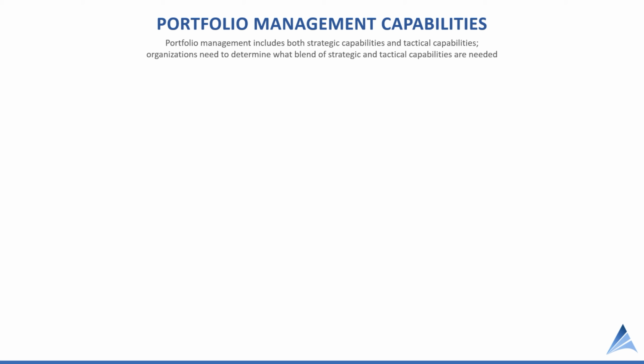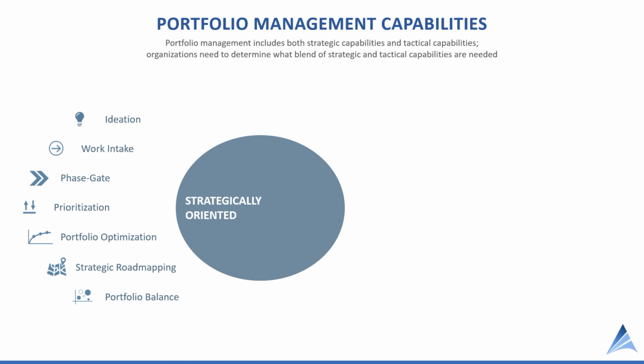And now we're going to look at some of the key capabilities of project portfolio management. The first set includes the strategically oriented capabilities, including ideation, work intake. How do we select the right work? That may be paired with a phase gate or stage gate process.